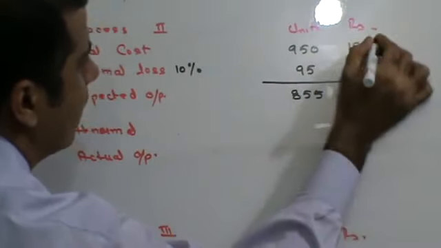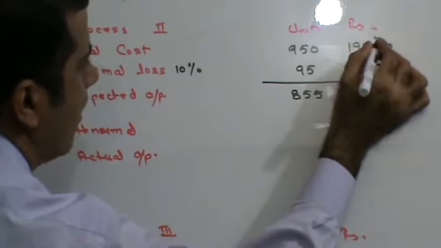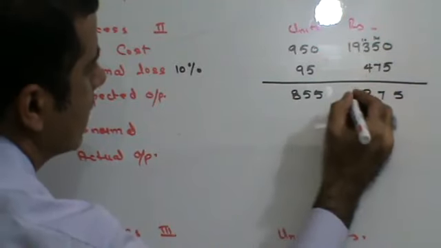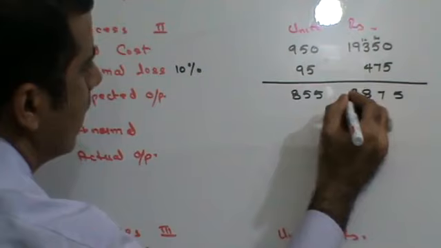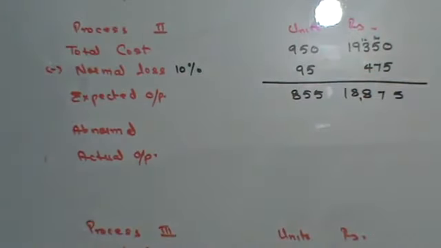This becomes 18,875. 855 and 18,875. Now, let's see the actual output.